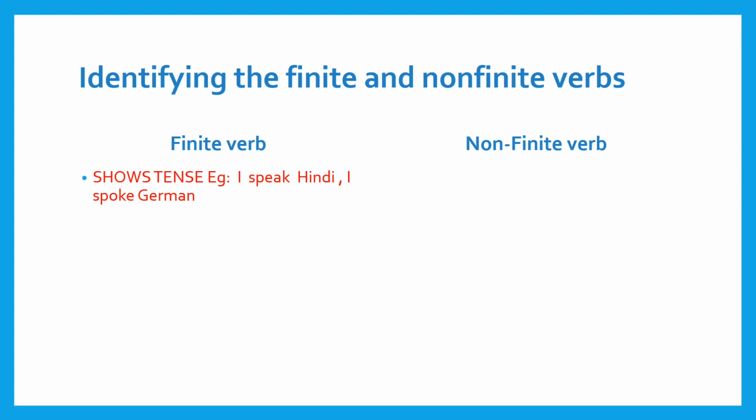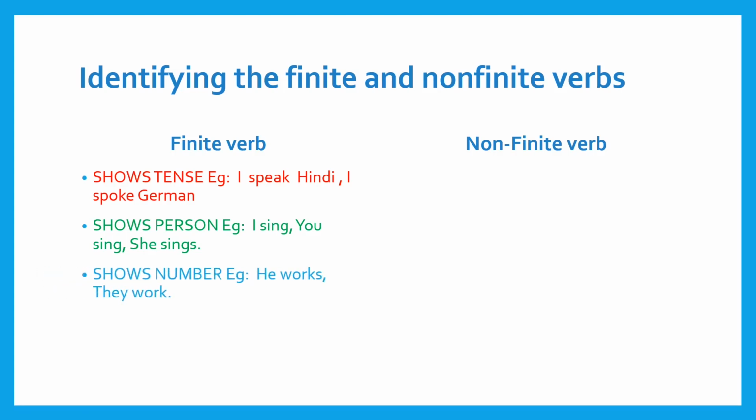For example, I speak Hindi, I spoke German. So we understand that a finite verb indicates tense. Second, it shows which person it belongs to. I sing, you sing, she sings.